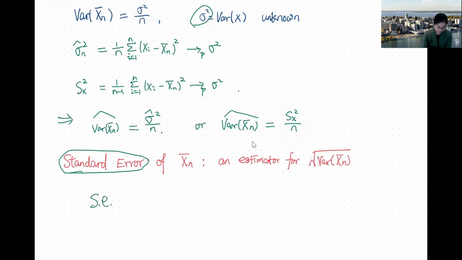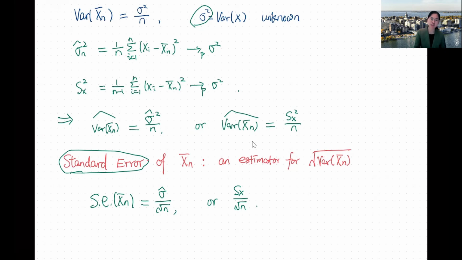It is denoted by s.e. of x bar, and can be sigma hat divided by root n, or sx divided by root n. Either of these two serves the purpose of being an estimator for the standard deviation of x bar.